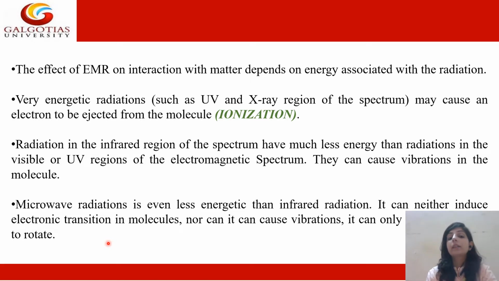So highly energetic radiations can cause ionization, radiations which are less energetic in comparison to UV radiation can produce vibrations in the molecules, and even less energetic radiations like microwave radiations can only cause molecules to rotate.